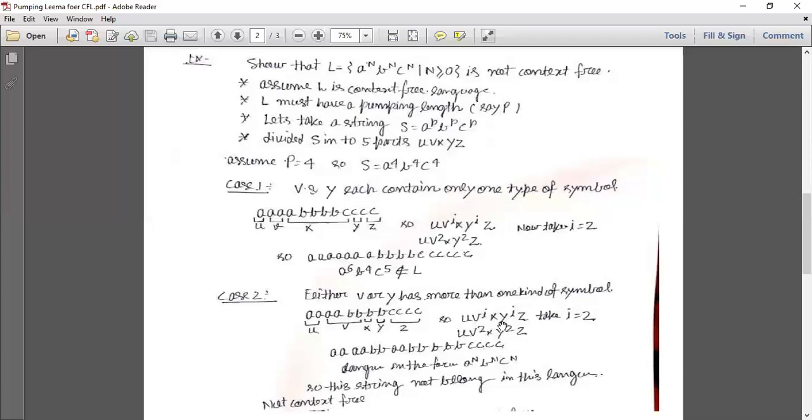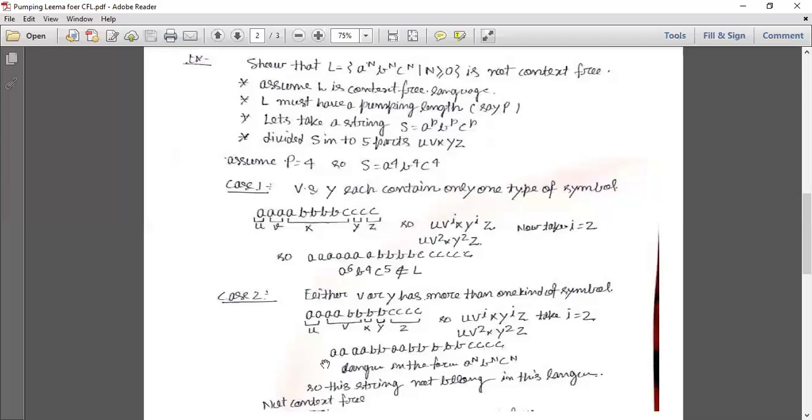So u v square x y square z. Now put the value of u. U is double A, so we put double A. Then v is double A double B, and here is v square, so double A double B and then double A double B. Now the value of x is a single B, so we put single B. Now y square, so we put the value B and B again, and the last value is z, so we put 4 times C here.